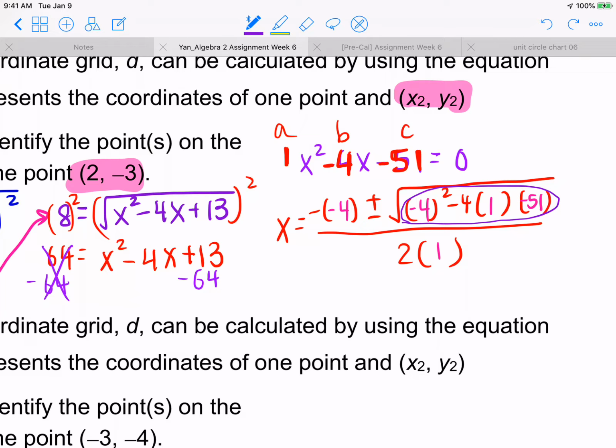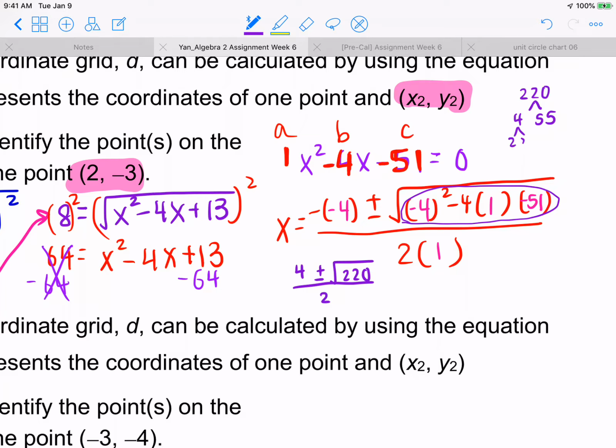Oh, it's actually 220. We have a 4, and then we have our 2. There we go. Okay, it's actually 220.